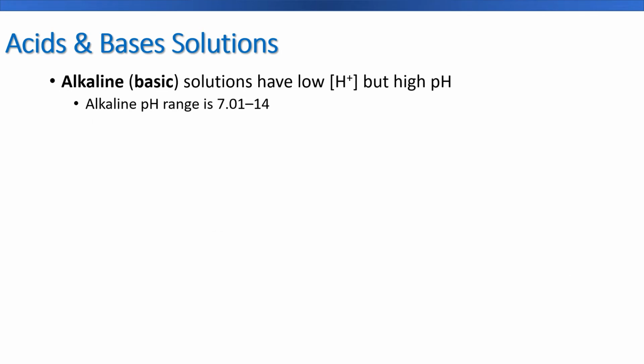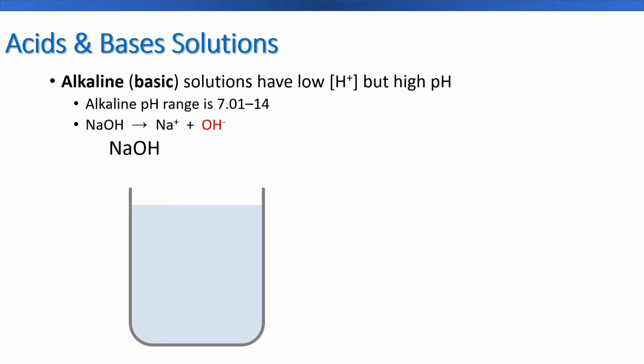So what about a basic solution? Well, they're going to have a low concentration of hydrogen ions, but a high pH number. And we could write an equation for a base, such as sodium hydroxide, going into solution like this. And what's actually happening in our vat of water? Well, like an acid, the base will form ions in water.